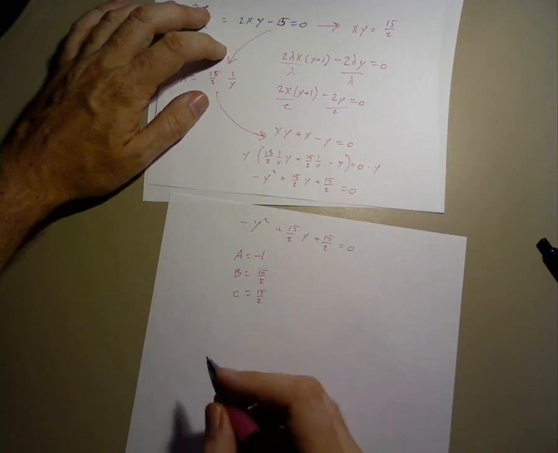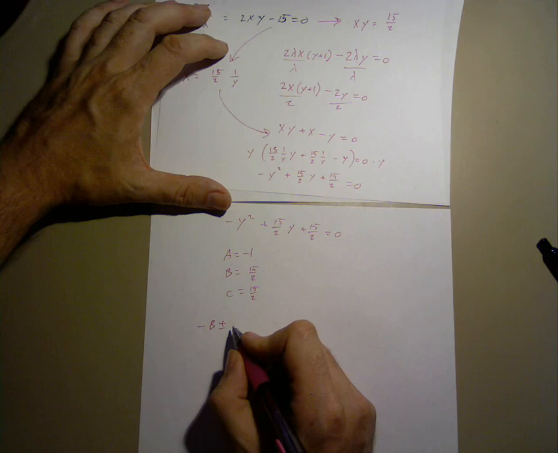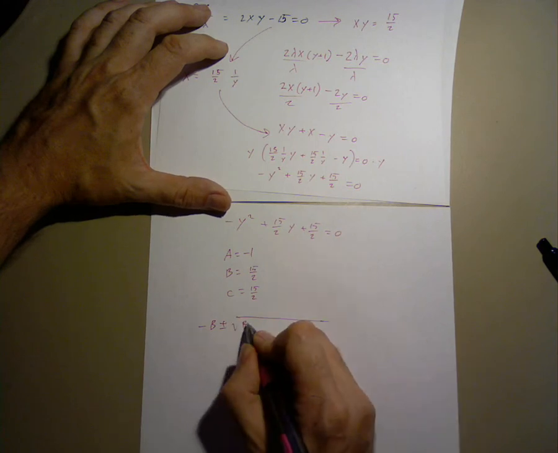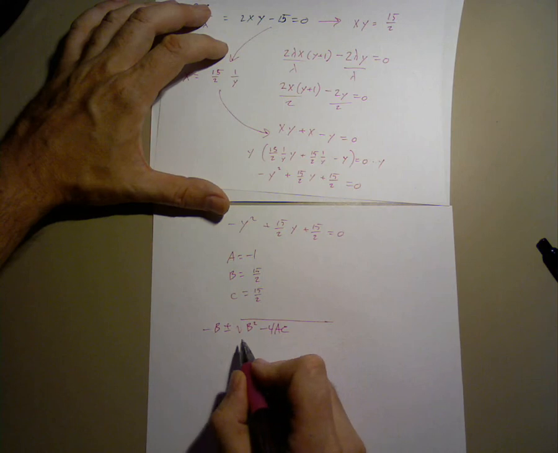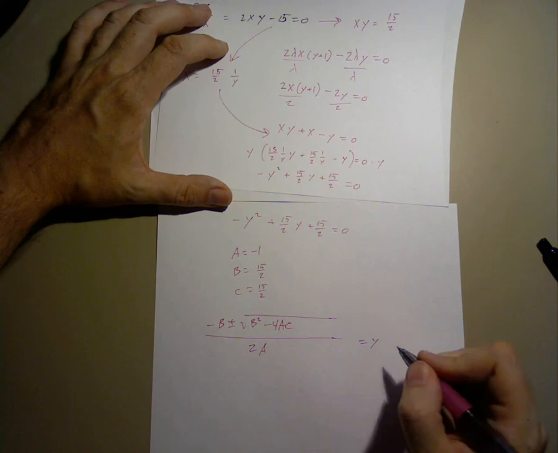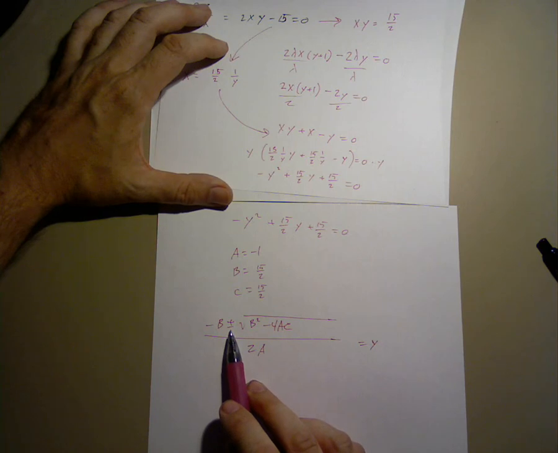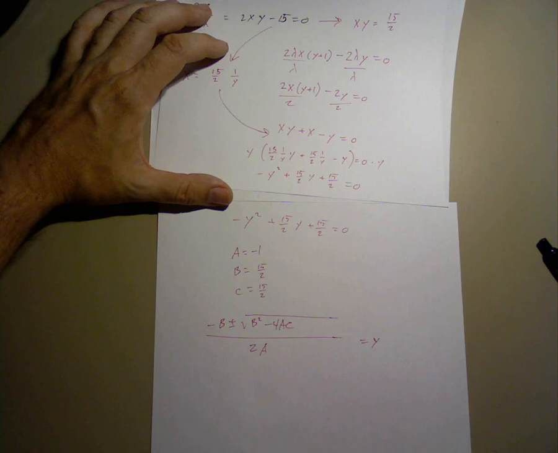In that case, we set out the quadratic equation, which is minus b plus or minus the square root of b squared minus 4ac, over 2a. That will be our solutions to y. Notice, because of the plus minus, we'll get two solutions in this case. This is not typical, but certainly not unknown either. In this case, we will either have a minima and a maxima, or at least a saddle point. We need to decide which one is the appropriate one in this case.